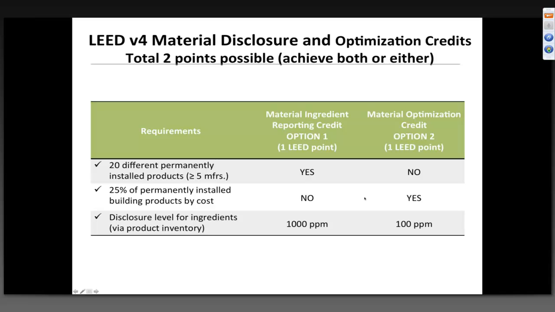So you look at actually a potentially different product set, and you would have to inventory those products to 100 parts per million. So that's a very challenging threshold for a lot of manufacturers. It's very ambitious, but you would earn a whole 2 of 100 points. These are 2 of 100 points, so they can be valuable in the LEED system.